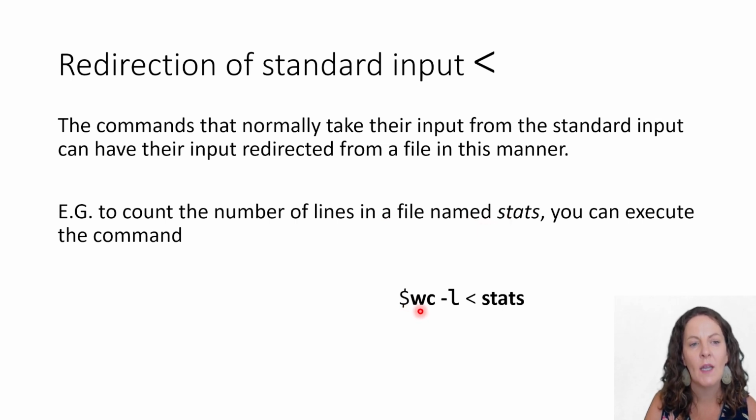If you go into your man page for word count, you'll see that the -l tells me just to read the number of lines. So I can find out how many lines are in a program, how many lines are in a script, how many lines of output are from some particular command. So use stats as the file, use that as the input into word count. Okay, so again, it's just redirecting that.